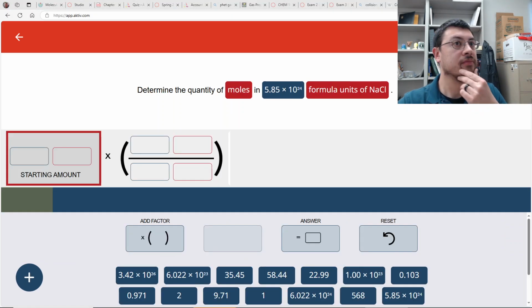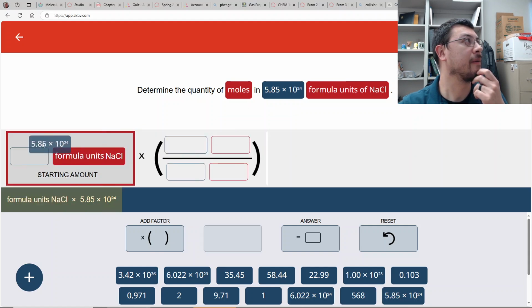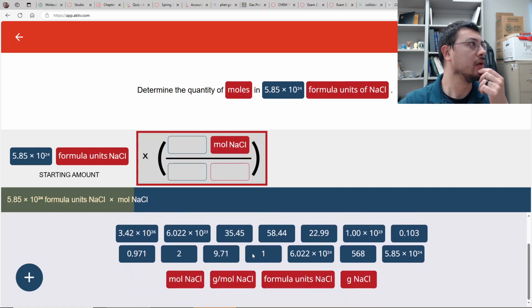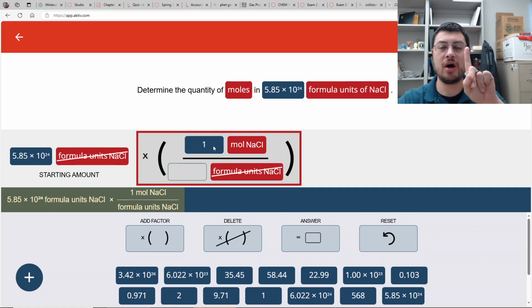Okay, next problem. Determine the quantity of moles in blah, blah, blah formula units of sodium chloride. Okay, mole always gets a 1.